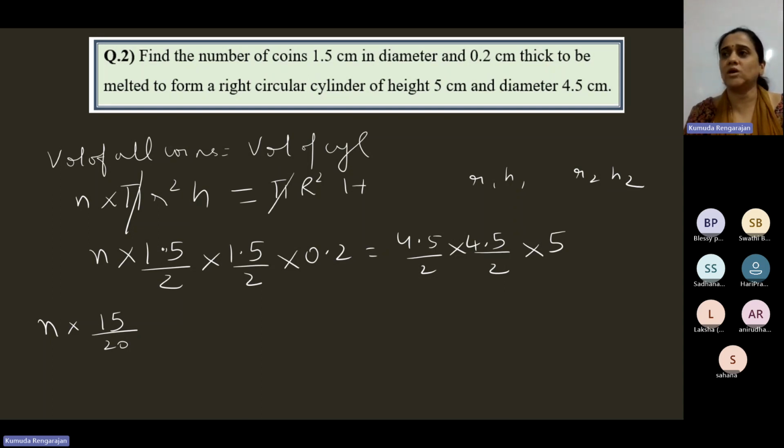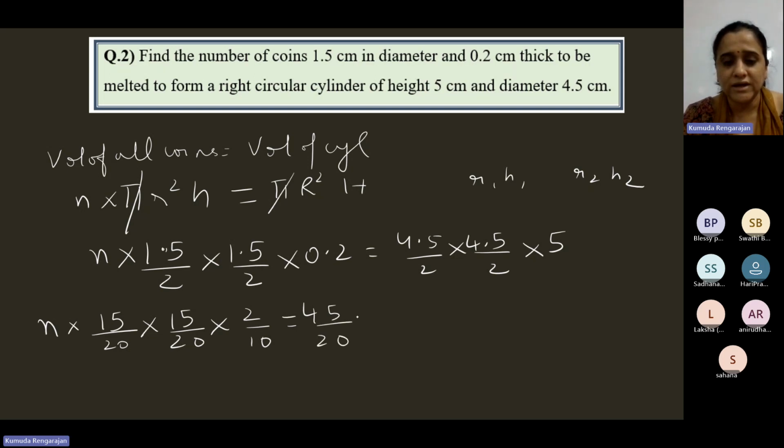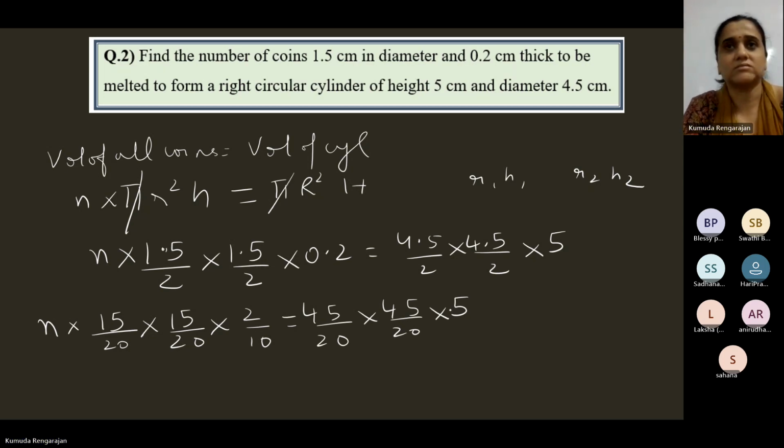Am I clear? So 15 by 20 into 2 by 10. 2 by 10, multiply the numerator and denominator by 10. So 45 by 20 into 45 by 20 into 5. Now it becomes so easy to simplify.